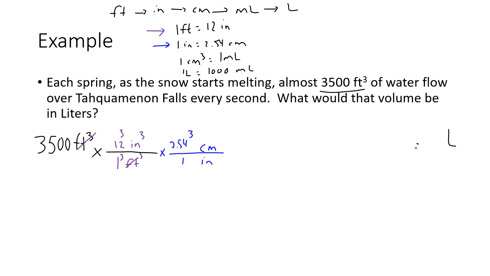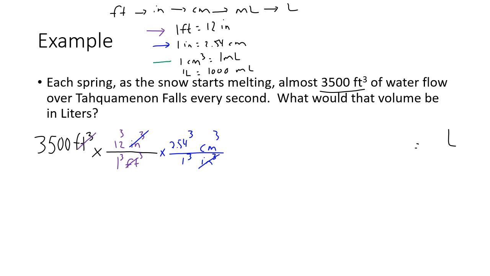And so I'm going to cube the whole value there, everything in that. If this were feet squared at the beginning, I would square everything in subsequent steps that are necessary. That cancels out the inches cubed, and I'm now left with centimeters cubed.